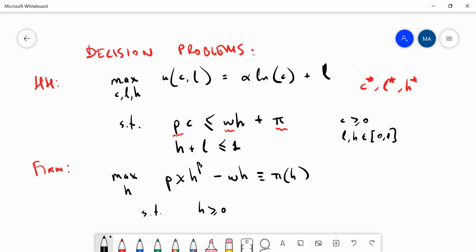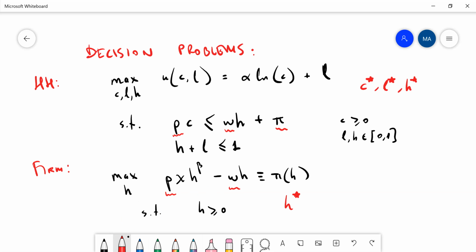And again, the firm will take prices as given. So for each pair of price and wage, the firm wants to find the profit maximizing level of H star.